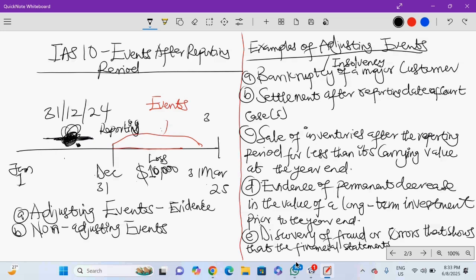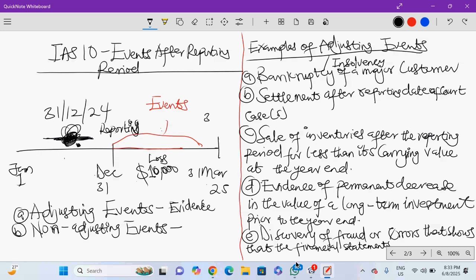No evidence or no condition existed during the reporting period. And with non-adjusting events, they are usually non-material, right?